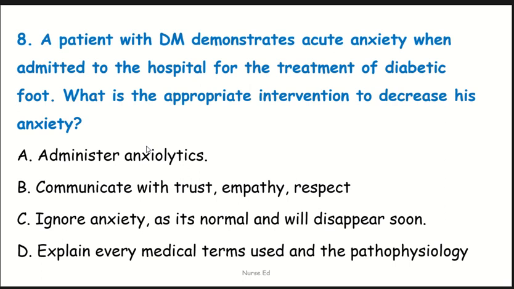Option D, explain every medical term used and the pathophysiology of diabetes. And the right answer is communicate with trust, empathy and respect so that you establish a relationship and a very good IPR. When you maintain that, you can alleviate all their anxiety by clearing the doubts and all.